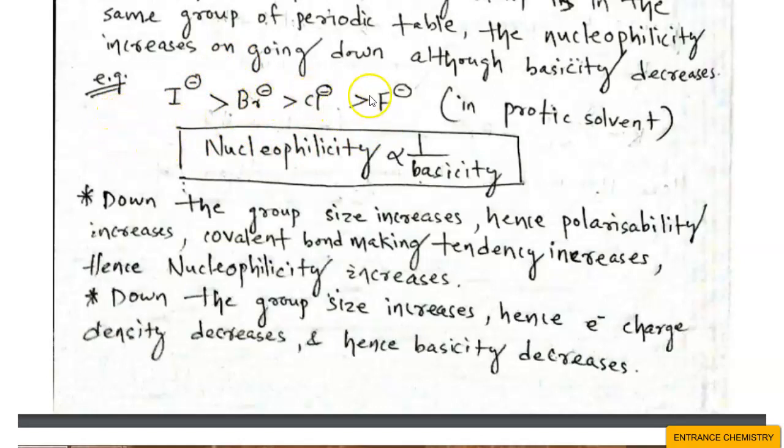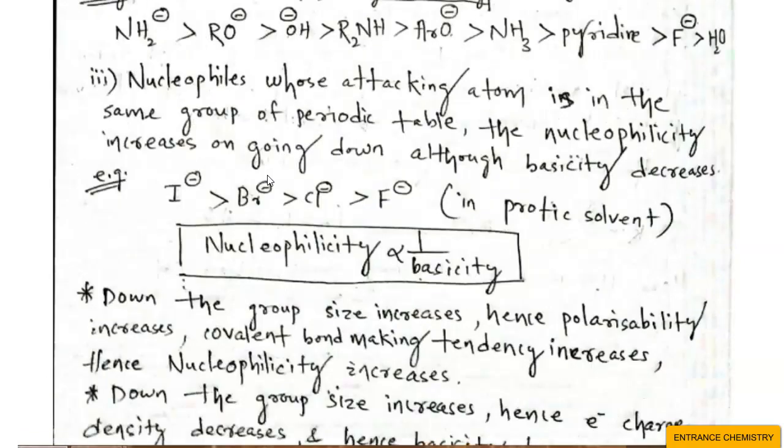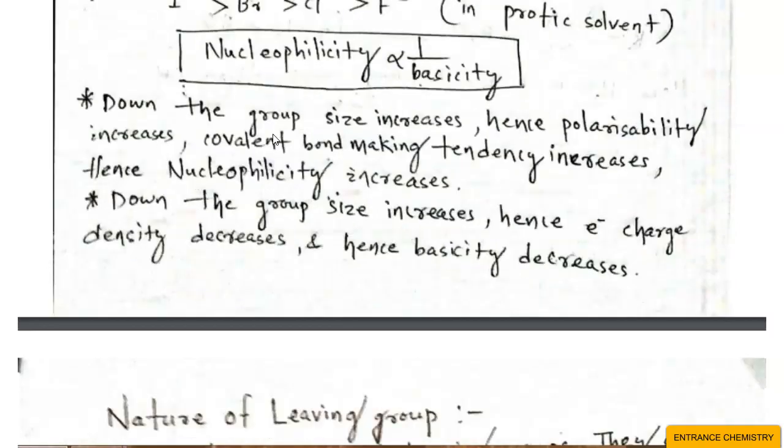Hence, their nucleophilicity will increase. Down the group, size increases, so electron charge density decreases and hence basicity decreases. As basicity decreases, we say nucleophilicity will increase. This is the reason why down the group nucleophilicity increases, although basicity decreases.